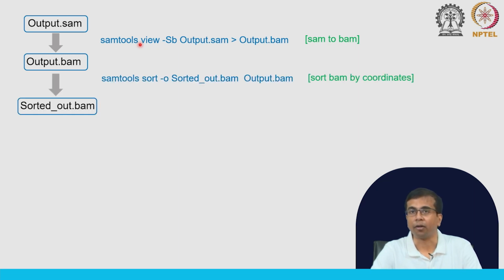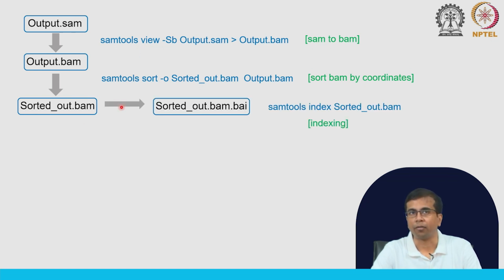Then we did the sorting using this command samtools sort. You have the options, and the output file name and input file name you have to specify, and this will sort by coordinates. This is the default sorting. It will sort by coordinates or positions of the mappings, and this will give you this sorted_out.bam.